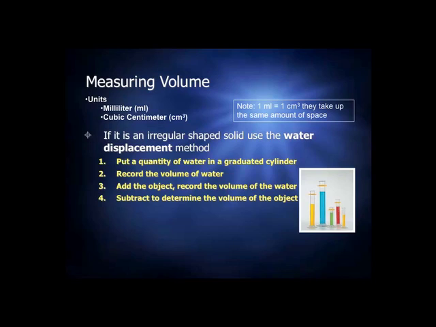So that's how we find the volume of an irregular object. Put some water in a graduated cylinder, record the volume. Put our object in, record the new volume, subtract the two. And that's going to give us the volume of the object.